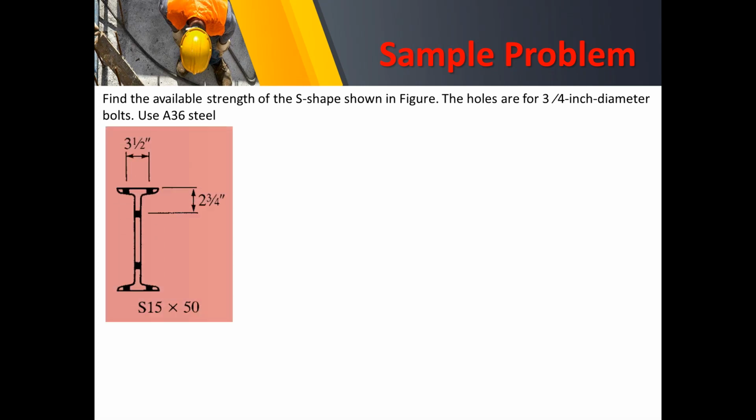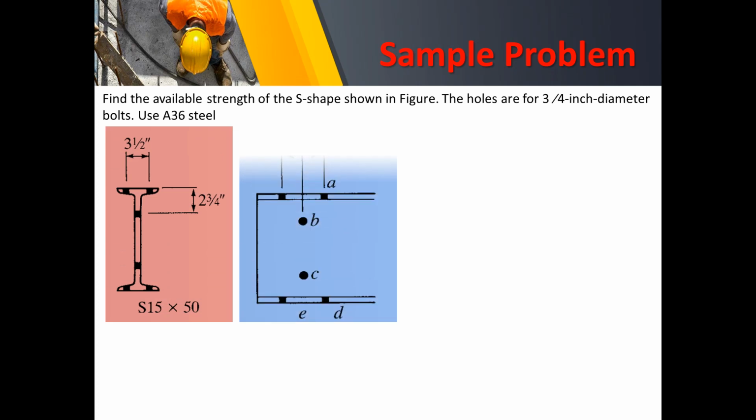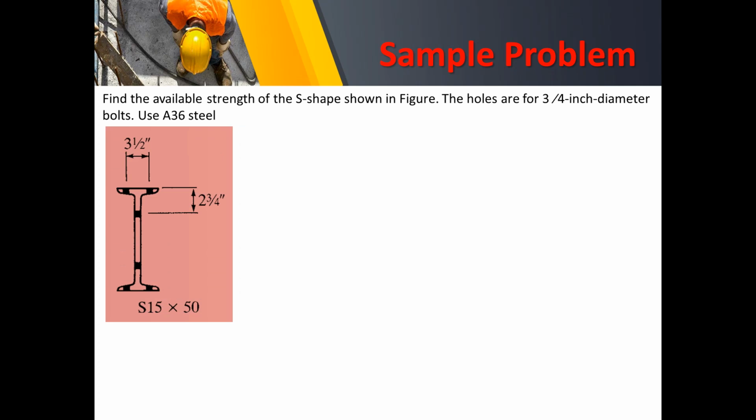We have the given center to center spacing of your bolts. Now the bolts can be found on the web and the flanges of this S shape. So the S shape is S15 by 50. So here is the configuration.